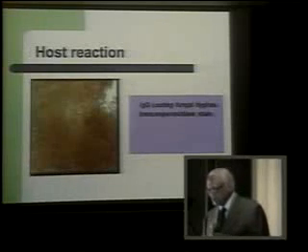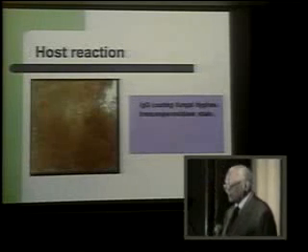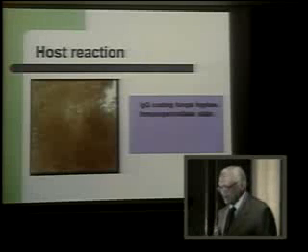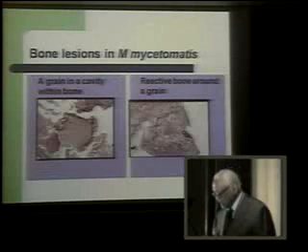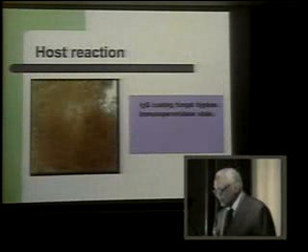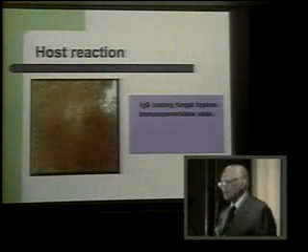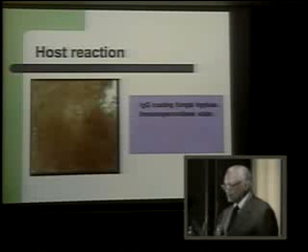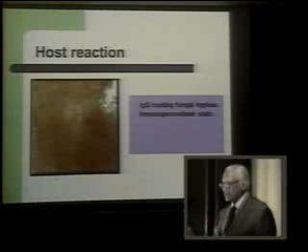Now, this is again, you see IgG coating fungal hyphae, again by immunoperoxidase. And therefore, what we see here is an immunological reaction that attracts neutrophils, causing destruction of the grains.